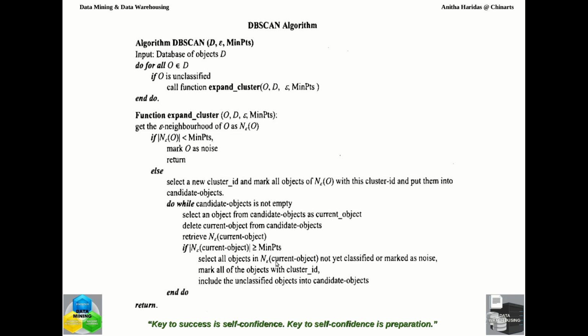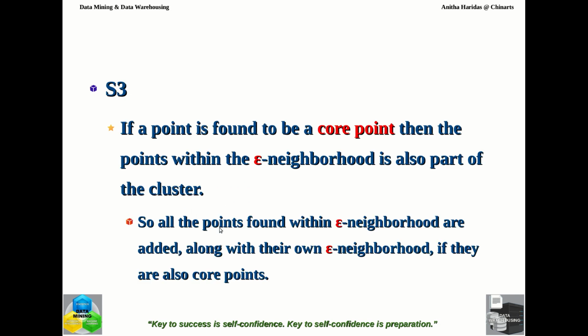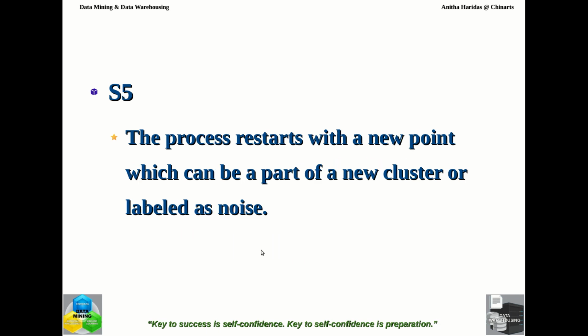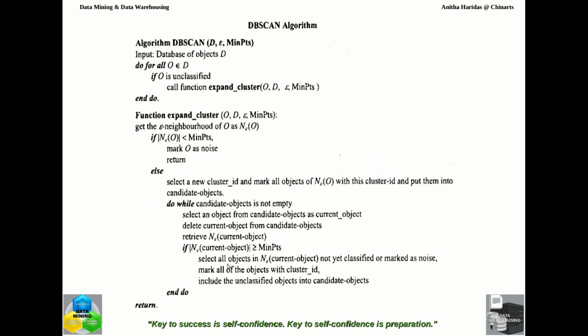So all the objects here will be marked as classified objects, and we are going to mark them with the particular cluster ID, right? And all the unclassified objects will go into candidate objects. So we repeat this process of adding all the objects into classified or unclassified category, until we get the density connected cluster. Okay, so that is what is given here in this algorithm.